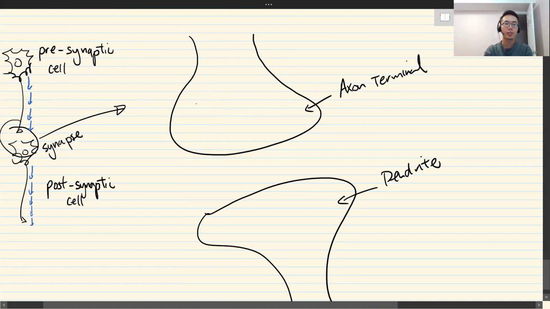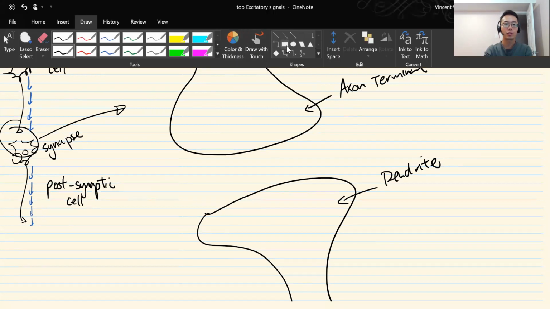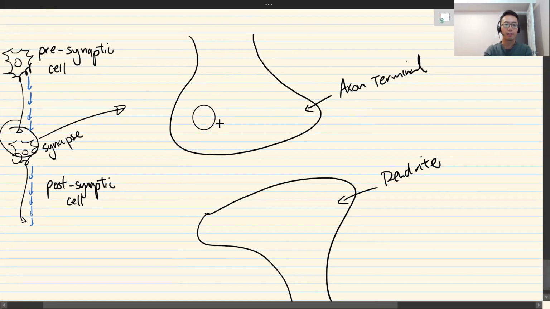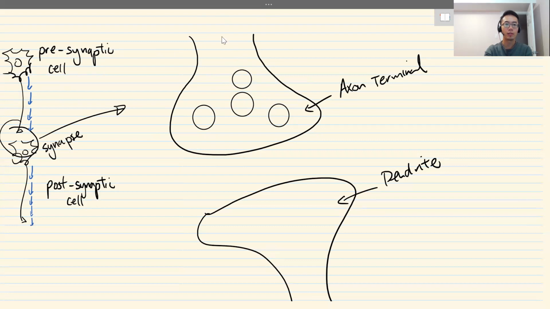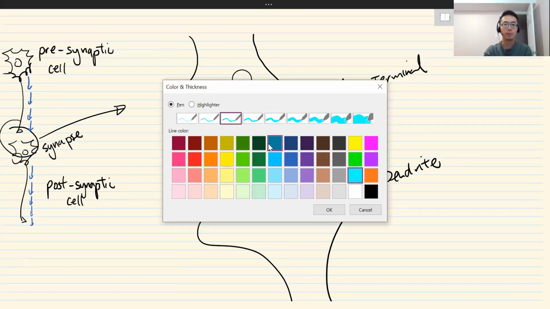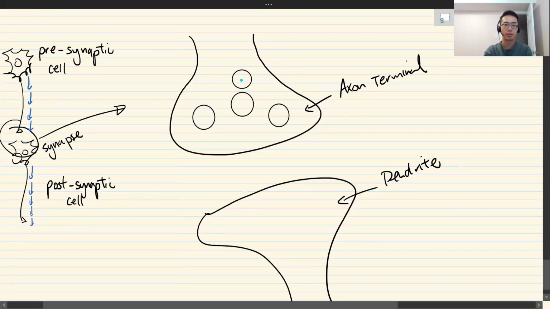So at the axon terminal, you will actually have a lot of vesicles. In the vesicles, you will have some neurotransmitters.